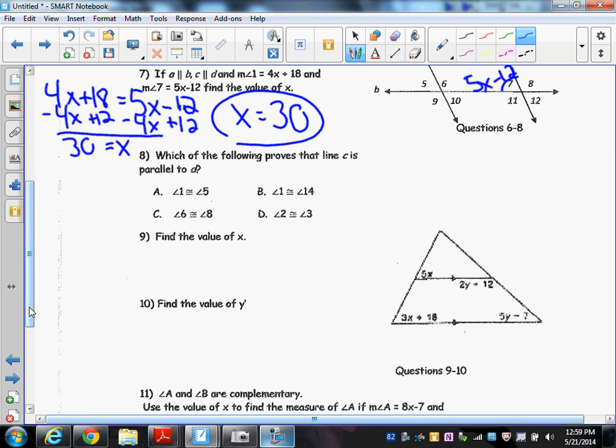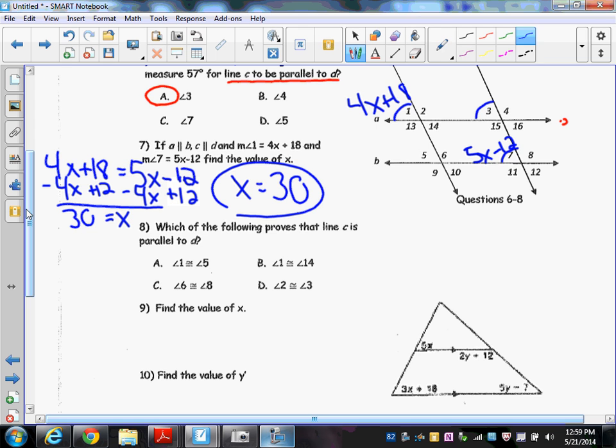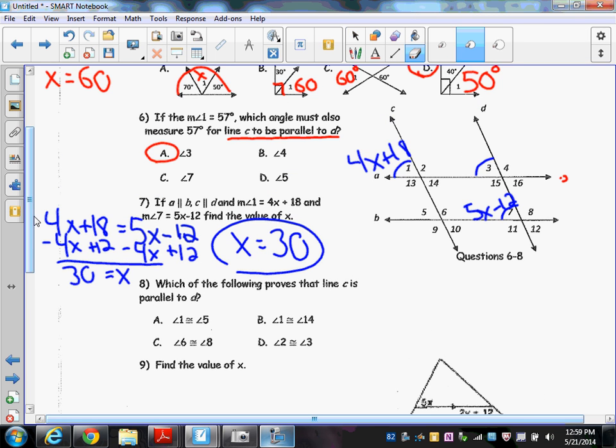So to solve number 8, which of the following proves that line C is parallel to line D? We're still using this thing up here. So again, I'm going to trace lines C and D. My first option is 1 is congruent to 5.